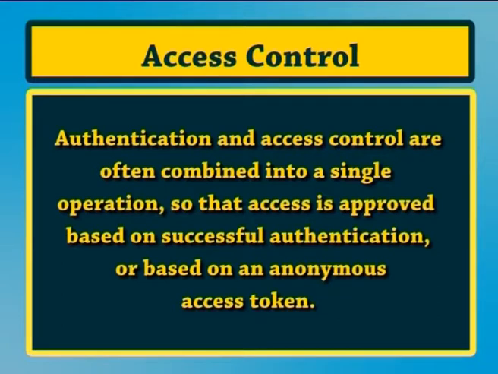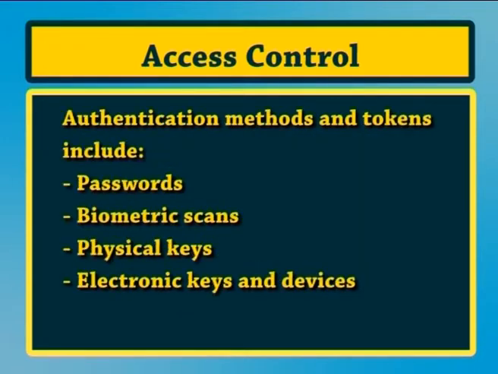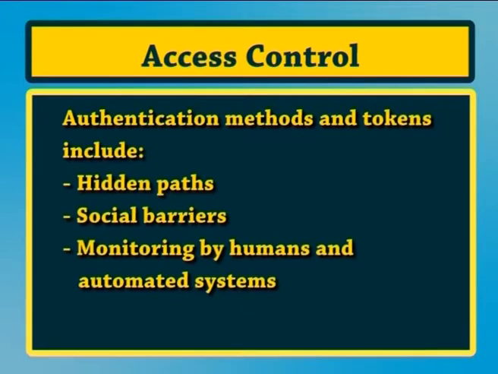Authentication and access control are often combined into a single operation so that access is approved based on successful authentication or based on an anonymous access token. Authentication methods and tokens include passwords, biometric scans, physical keys, electronic keys and devices, hidden paths, social barriers and monitoring by humans and automated systems.